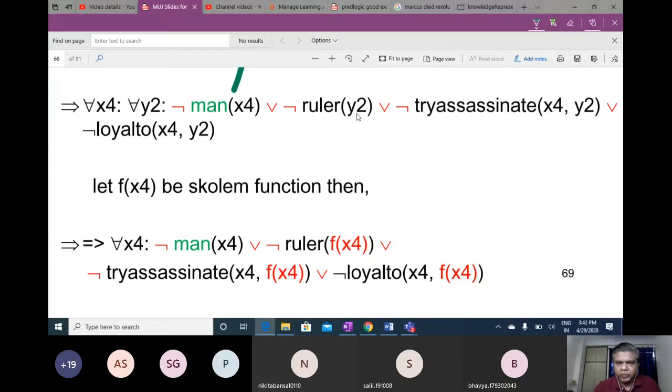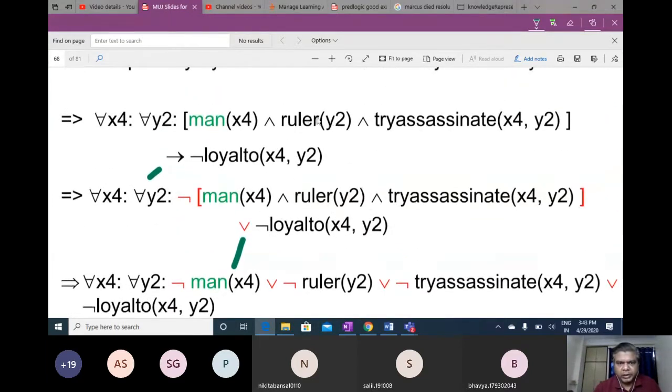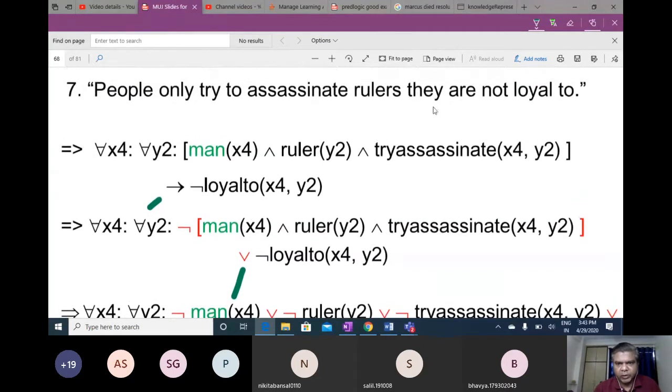Because here, when we say man x4 and ruler y2, in this statement we have not considered that ruler y2 has to be the ruler of x4. So y2 has to be the ruler of x4, then only this statement is true.